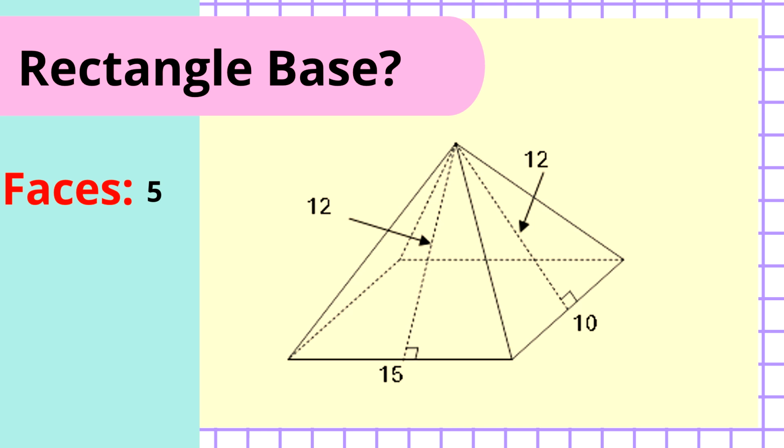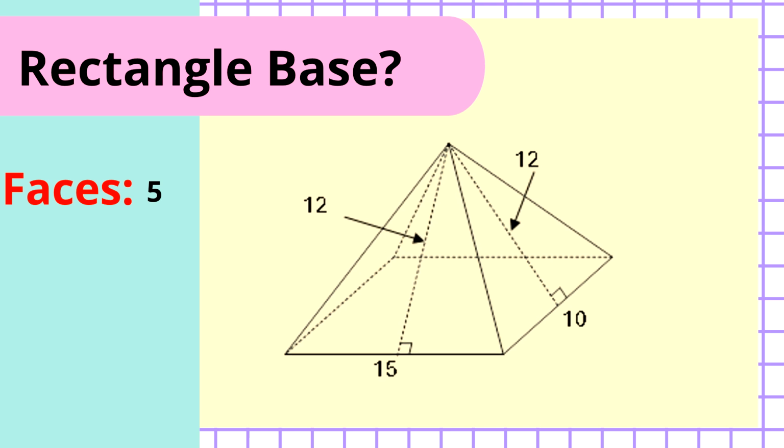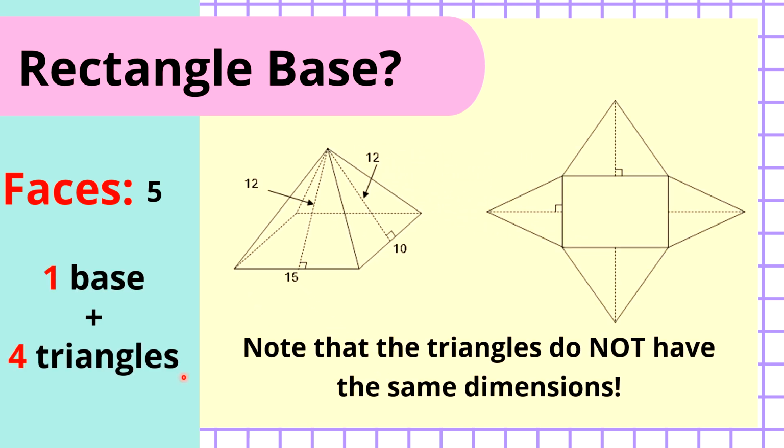Great. Now that we have learned the square base pyramid, let us tackle a more challenging example. Over here, what you have is a pyramid with a rectangular base. How can we proceed to find the total surface area? Since this pyramid has a rectangular base, not all the triangular faces are the same.